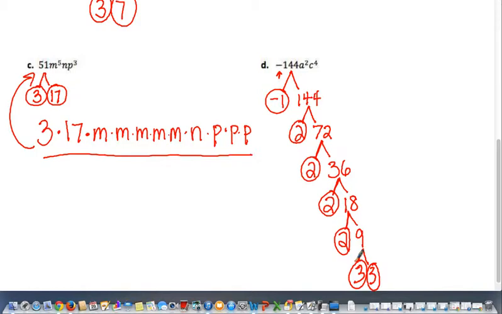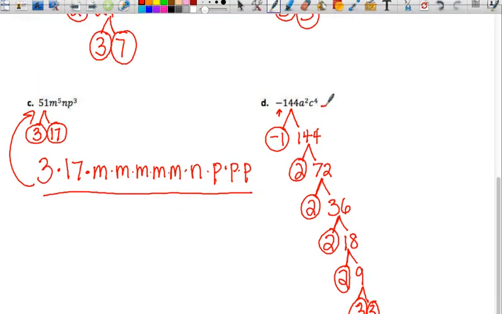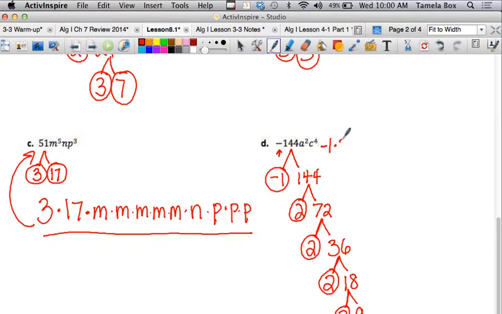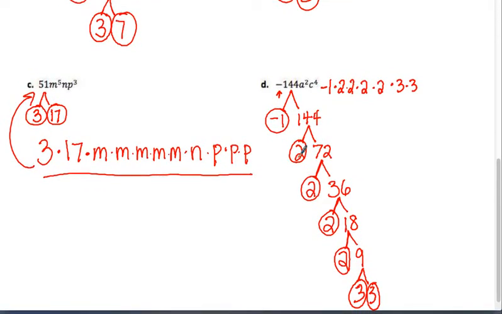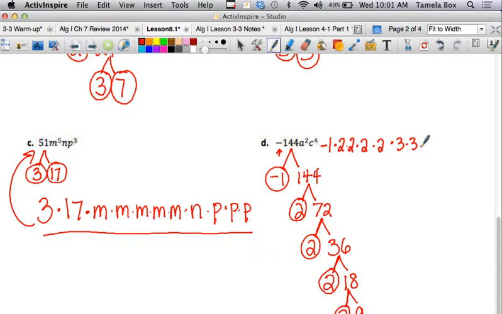Okay, so now we have all of our numbers. There's quite a few here. 144 is pretty big. So it's going to be negative 1 times 2 times 2 times 2 times 2 times 3 times 3. Let me make sure I got those right. So I have a negative 1, 4 2's, and 2 3's. Okay, so then I have to break up my variables.